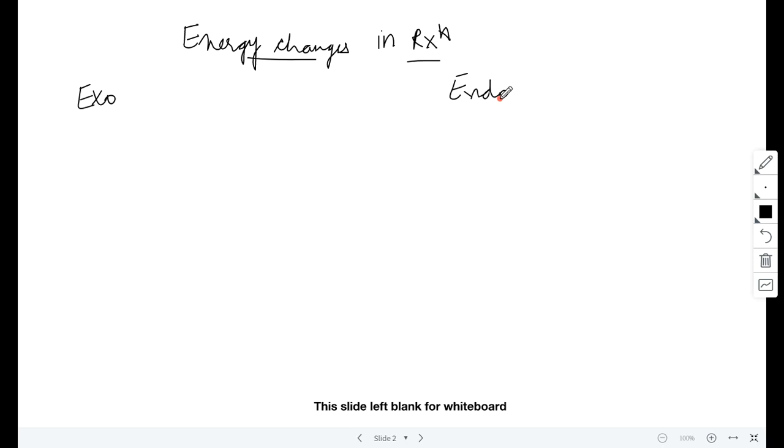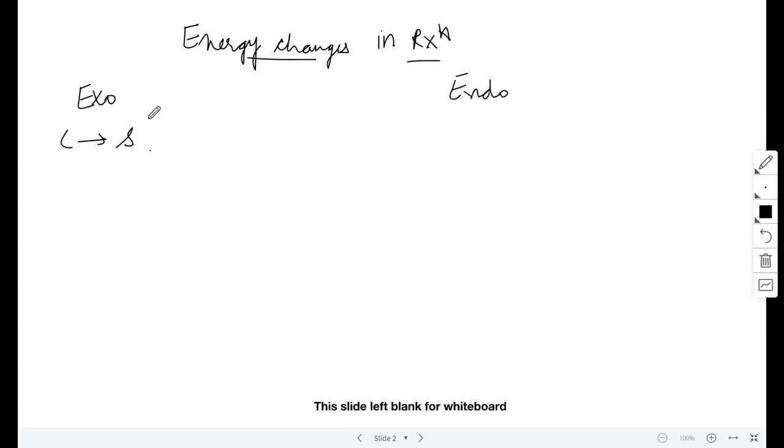But let's talk about these exothermic and endothermic reactions in chemical reactions. In an exothermic reaction, the thermal energy, the heat energy, is transferred from the chemicals to the surroundings. So the temperature will start shooting up, and if the temperature shoots up, it will become hot. That means those chemical reactions are exothermic.